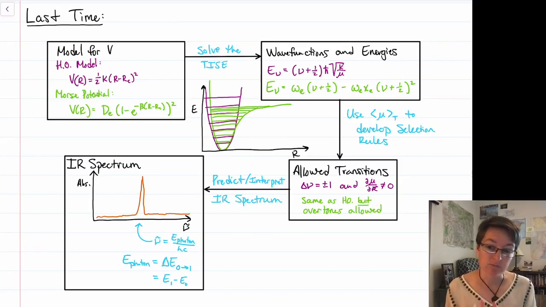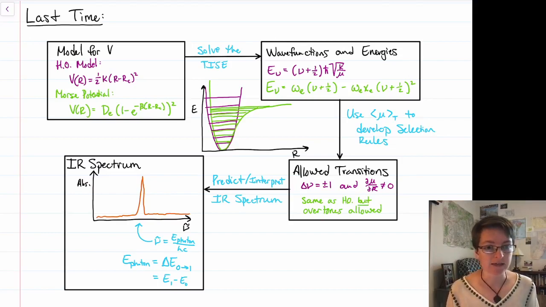Once we have this model for our quantum transitions and these discrete energy levels, the next step that we underwent in our lecture series was to use the transition dipole moment, that's that mu-t expression, to develop the appropriate selection rules for IR spectroscopy. Those selection rules are going to tell us which peaks are expected to show up in the IR spectrum corresponding to allowed transitions versus the peaks that are not expected to appear in the IR spectrum because they're forbidden.